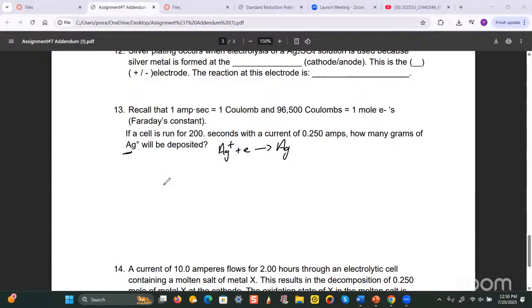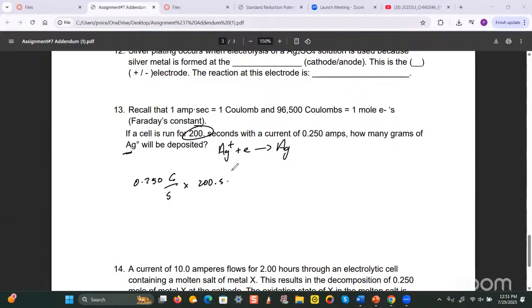So the next step is I would determine the charge carried by the 0.250 amperes of current running for 200 seconds. So that would be 0.250, and amperes is the same thing as coulombs per second, and I will multiply that by the time, which is 200 seconds, and that gives you the amount of charge.